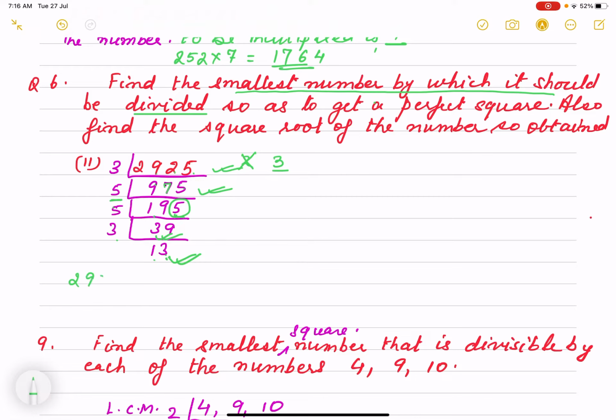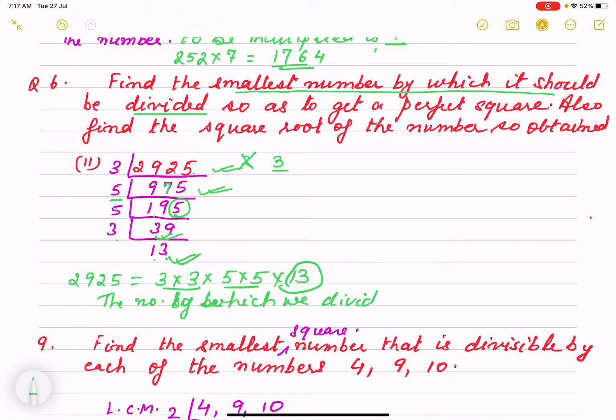So what have you got? 2925 is 3 into 3 into 5 into 5 into 13. I am not getting 13 in pair. That means the number by which we have to divide is 13.